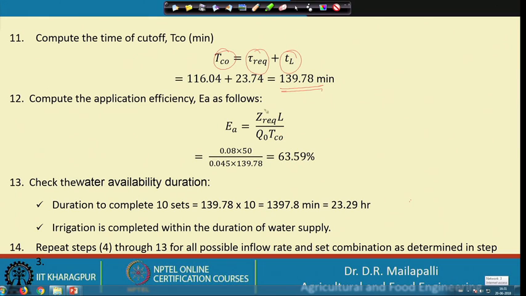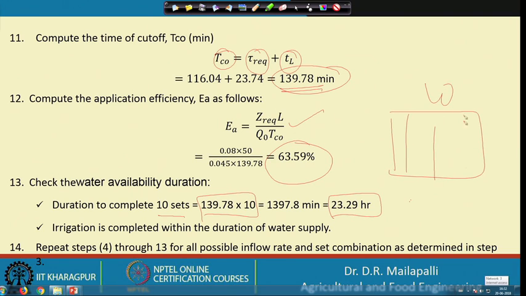Once it is done, find out the efficiency using this equation and check that the water available duration completes 10 sets. For one set it is 139.78, and for 10 sets you multiply with 10, and you get a total of 23.29 hours to irrigate the entire field.